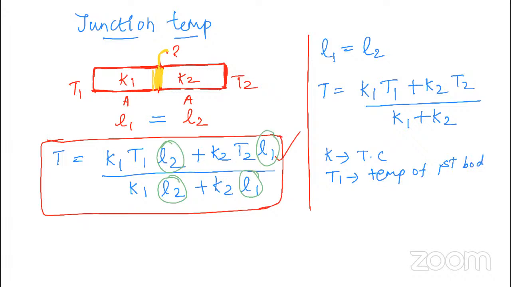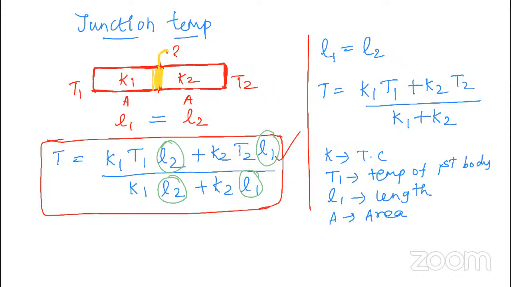The body can be made of iron or any material. Then L is the length we take for the first one, and A represents the area of cross section of the material.